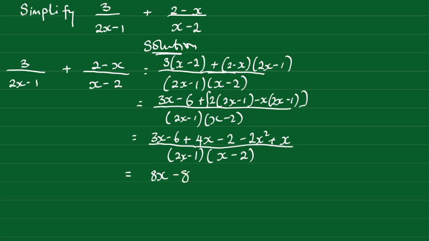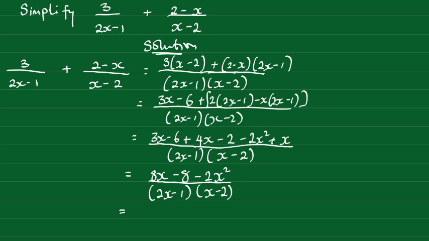Then we have minus 2x squared, while at our denominator we have (2x minus 1)(x minus 2). All right, we continue with our solving, because we notice that our numerator can still be factorized further.